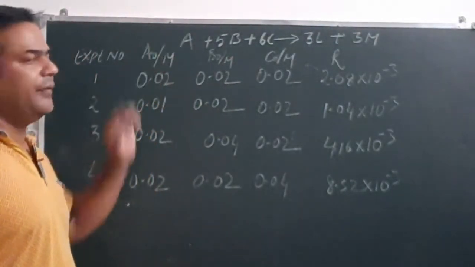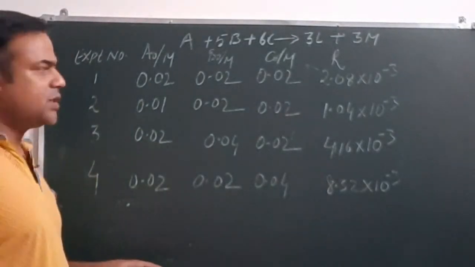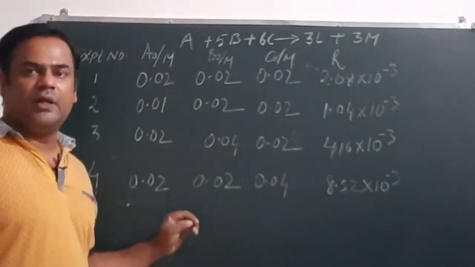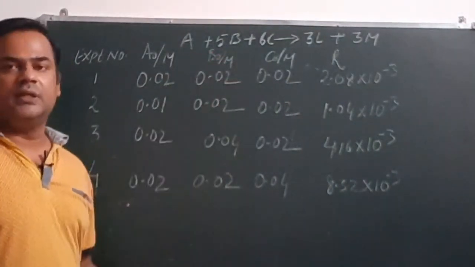Starting with A, whenever we have to solve such a question, we should first focus on those experiments in which the value of A is changing, but the values of B and C are not changing.